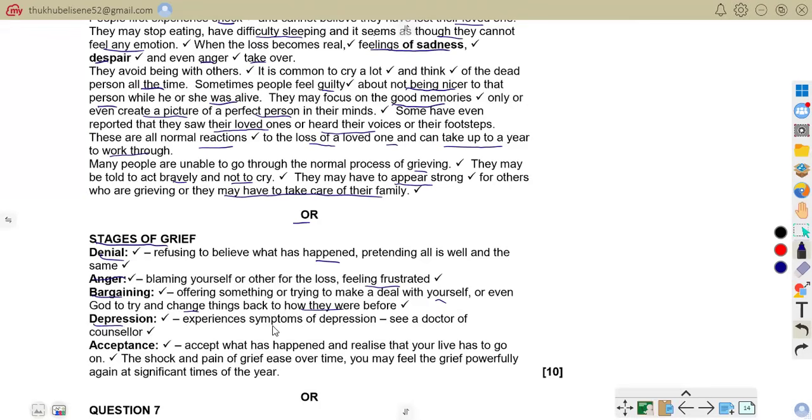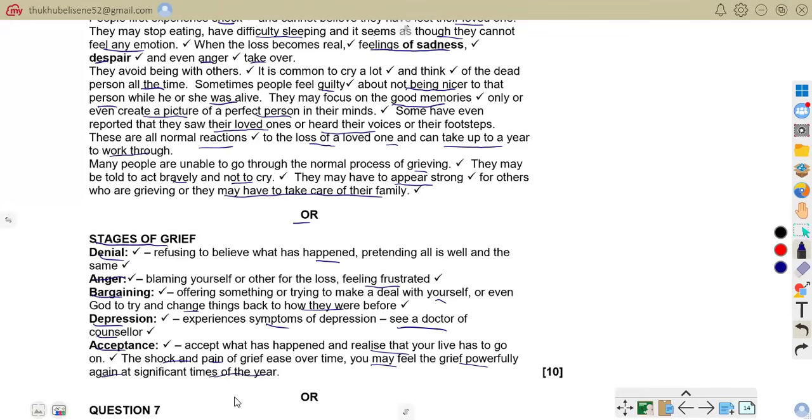Depression: experiencing symptoms of depression and self-doubt. Acceptance: accept what has happened and realize that your life has to go on. The shock and the pain of grief fade over time, though they may feel powerful again at significant times of the day.